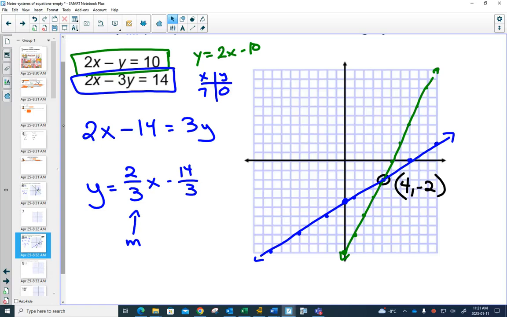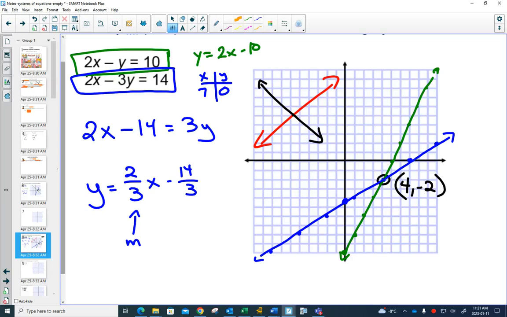Do you want to know the problem with the graphical method for solving? Sometimes you are going to get a line like this red line and this black line, and the point where they intersect isn't perfect on any coordinates. And then you're going to be like, I'm stuck and I can't solve it.